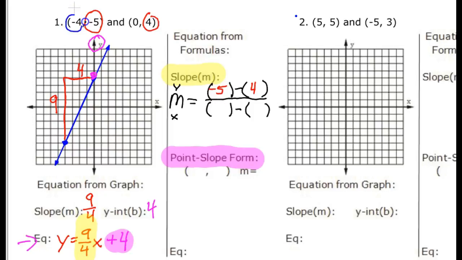And then the x's are -4 and 0. So -5 minus 4 is -9. -4 minus 0 is -4. And then negative over negative, so it's going to be positive. 9 over 4. Exactly what we're expecting, exactly how we counted on the graph.